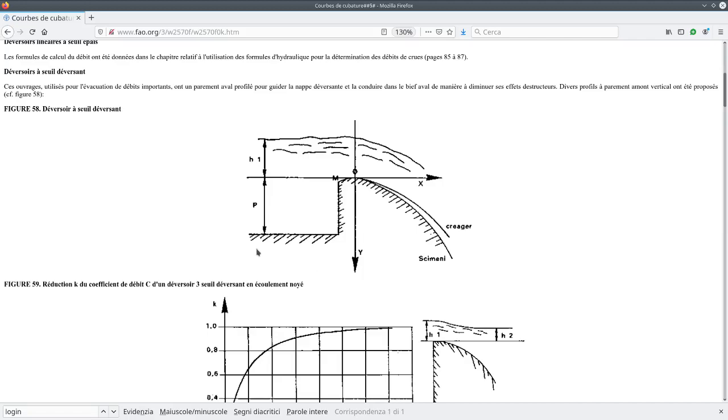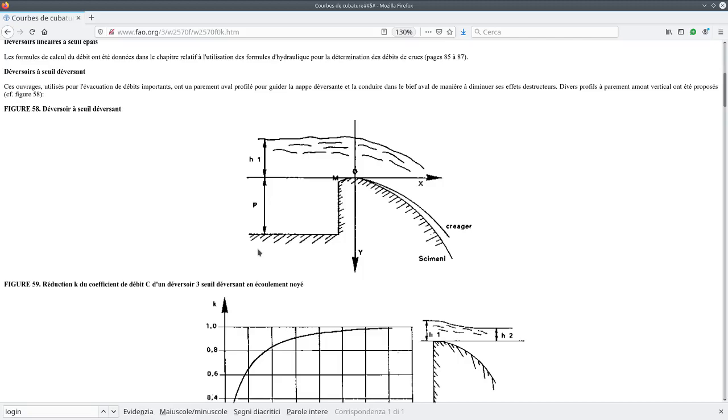Because, as I said, the detachment is something that we want to avoid, because if you get a flow that is detached from the downstream wall of the structure, then the flow creates the void between the flow itself and the structure.